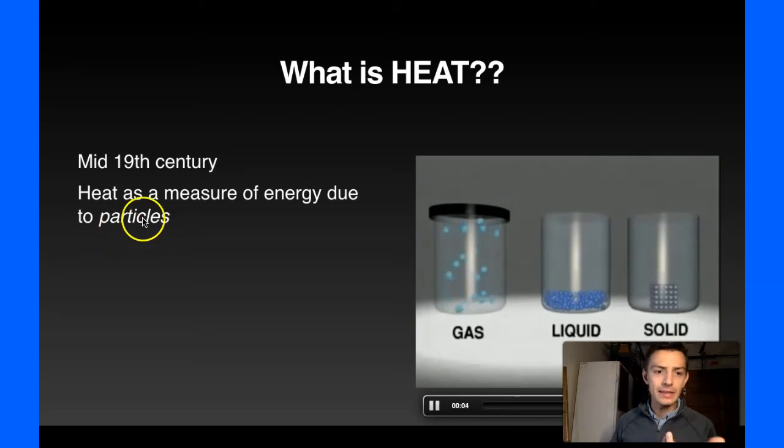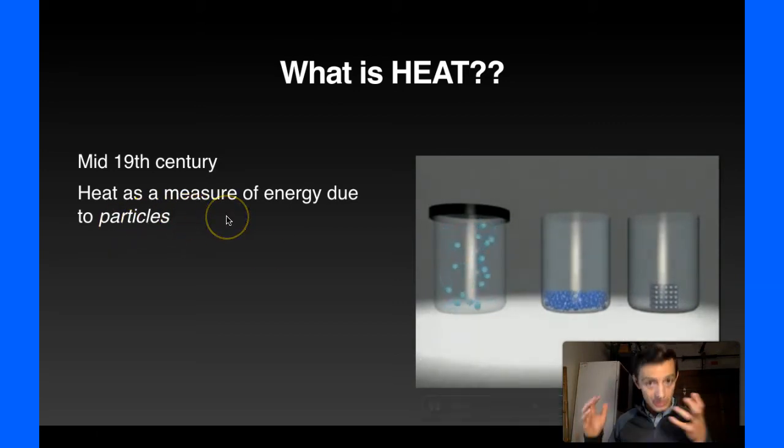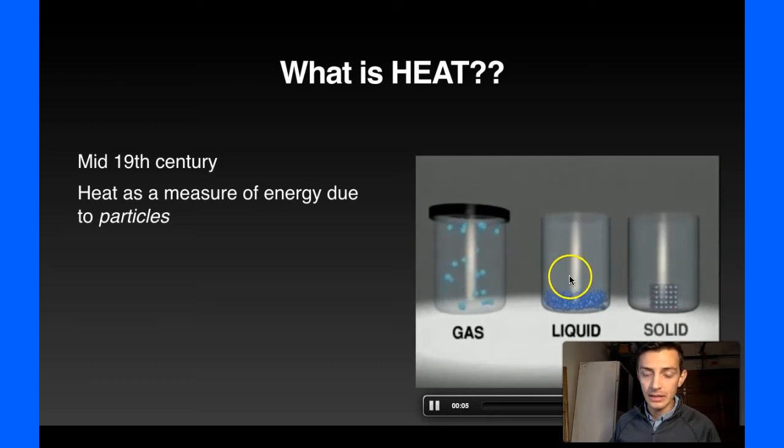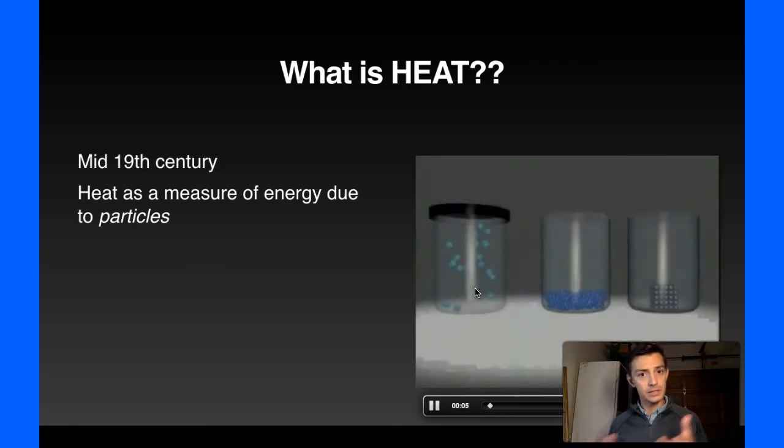Well, heat is a measure of energy due to the particle nature of the different types of particles in different objects. Let's use water, for example. A solid bit of water, like ice, would have particles in it, and if you heated that up you'd get liquid, and if you heated that up even more, you'd get steam.